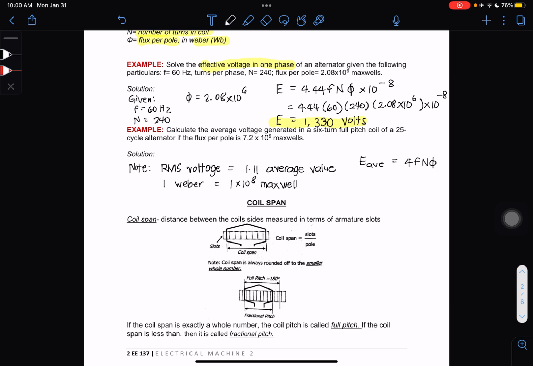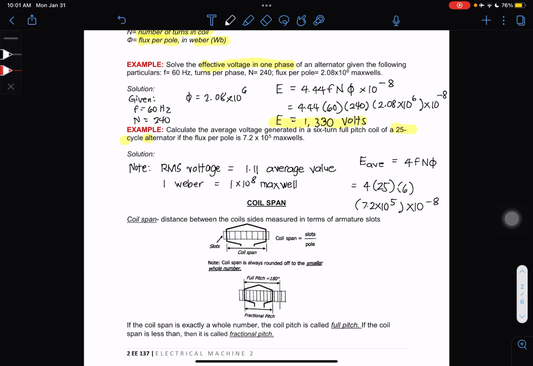So given this, the frequency is 25 cycles, the number of turns is 6, and angle phi is 7.2 raised to 5, multiplied by 10 to the negative 8.